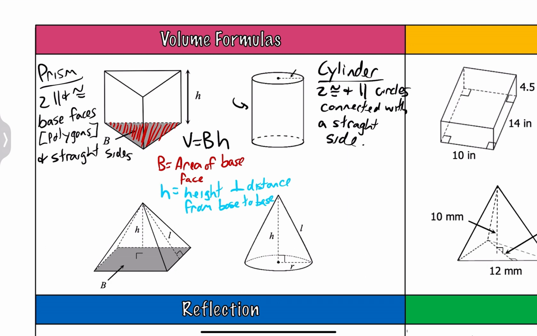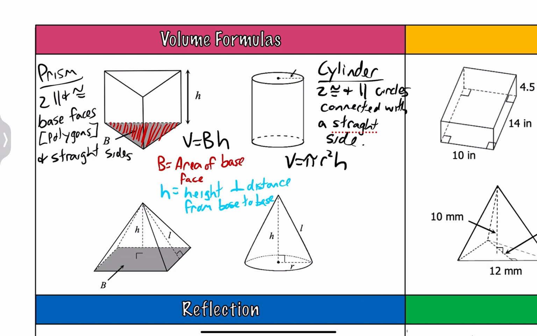Notice all the way around, it is smooth, it doesn't have a bunch of mini facets. The volume works very similarly to a prism, where volume equals pi r squared times our height.